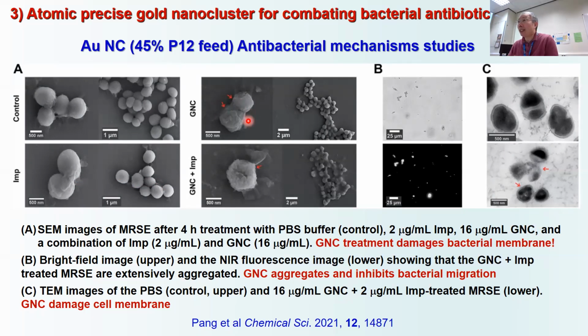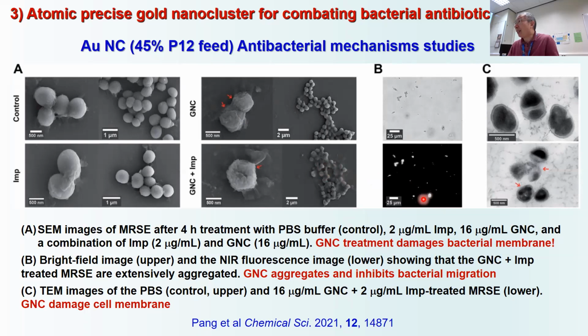But when we treat it with the gold nanoclusters, you can clearly see these bacteria are aggregated, and the membranes are really disrupted. And if we have the antibiotics combined with the gold nanoclusters, the aggregation and disruption are even greater.